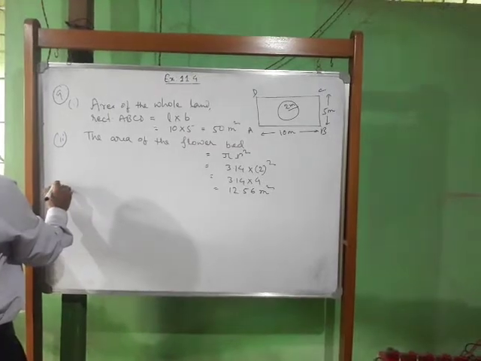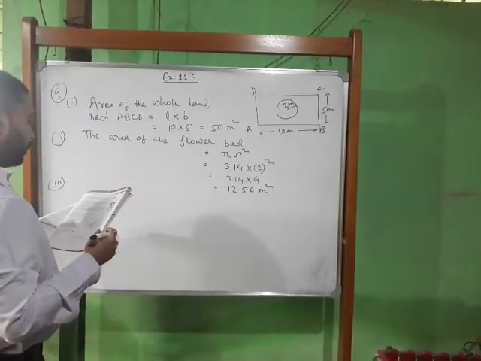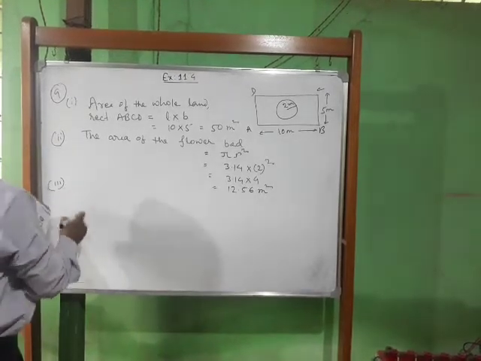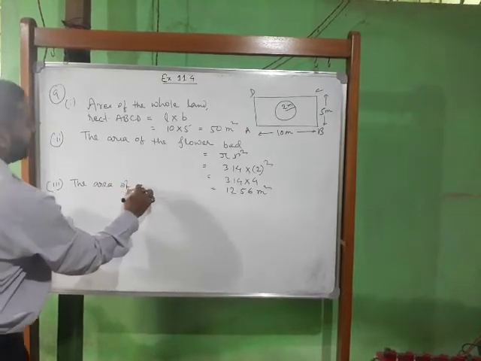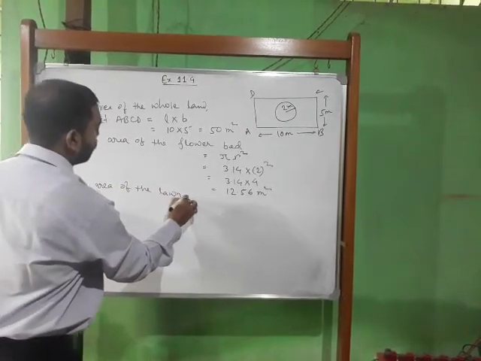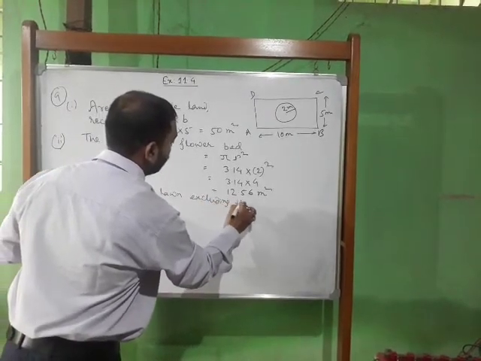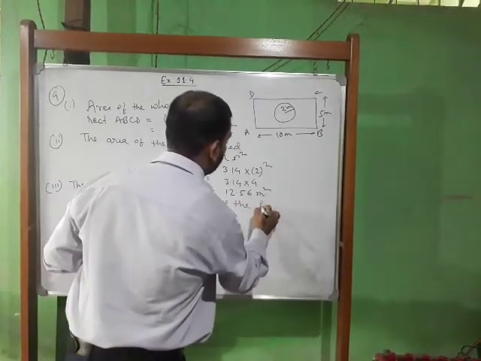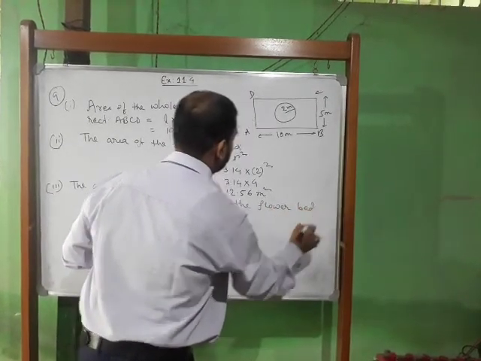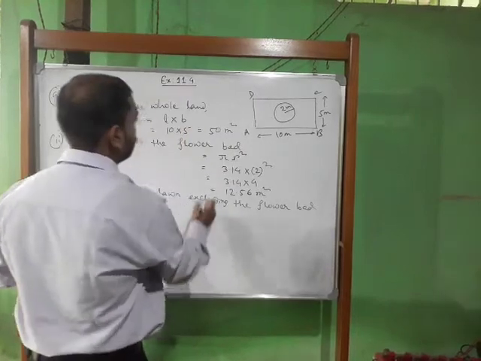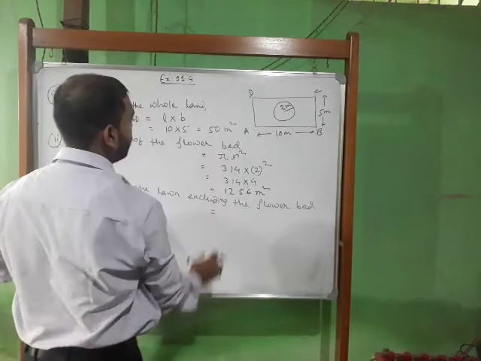Number 3, the area of the lawn excluding the area of the flower bed. We have to subtract 12.56 from 50 meter square.